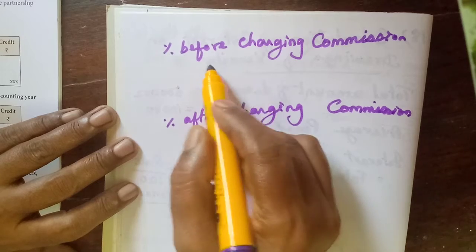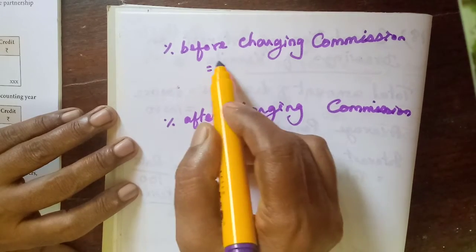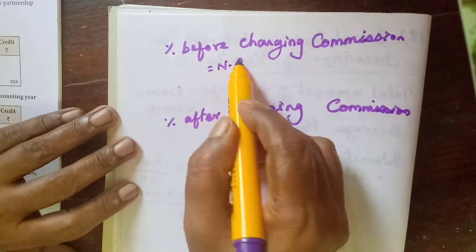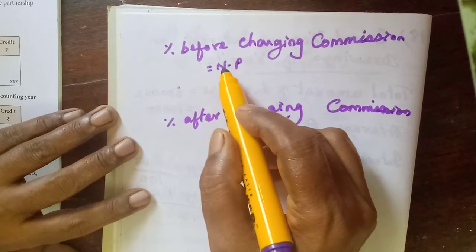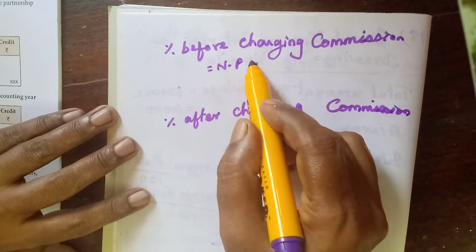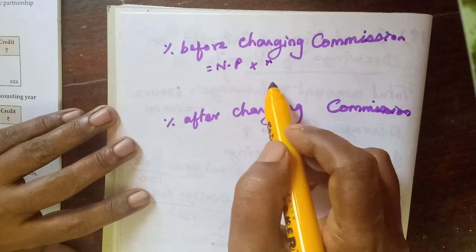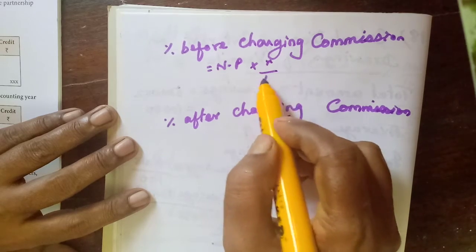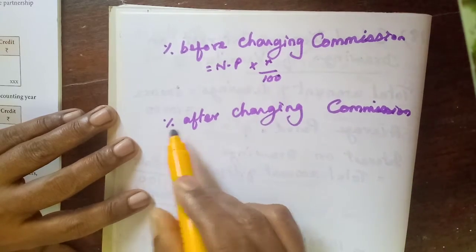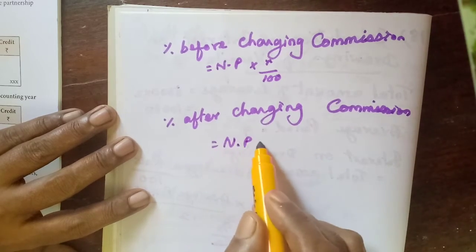Here, on the net profit only, we need to calculate the percentage. Net profit into that percentage by 100. But if it is after charging such a commission, the net profit we need to take.